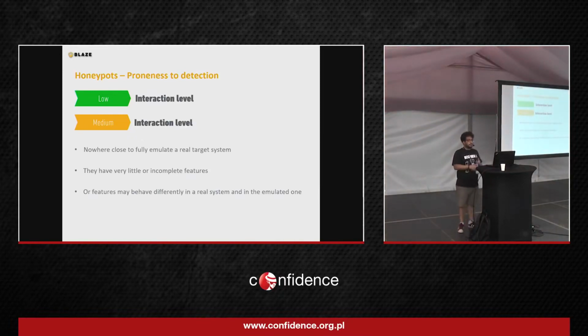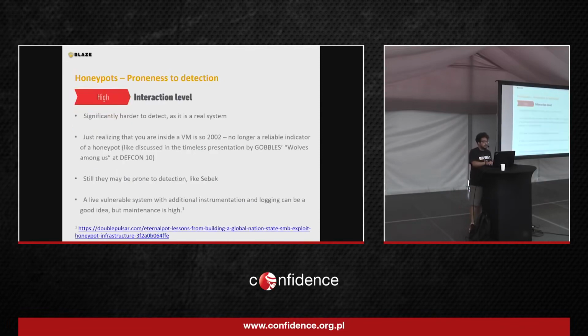Also, some of the implementations are not compliant with the RFCs, for example. So there are different ways to tell: some functionalities behave in a certain way on a real system, and when you try them against these emulated ones, they behave differently, or they don't even have these features.